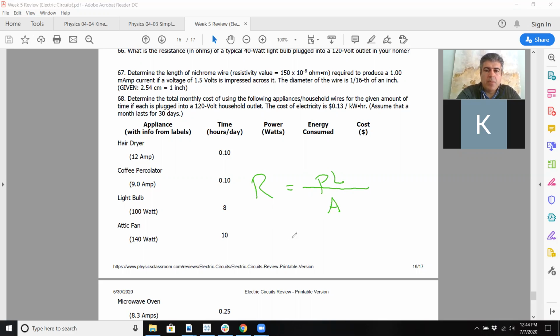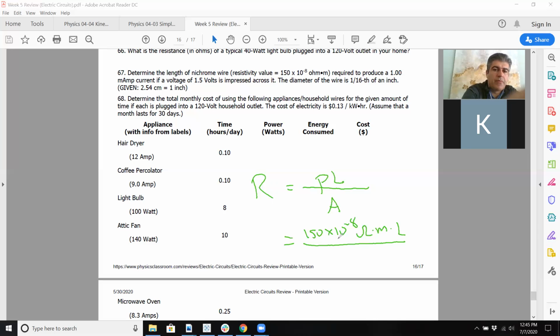So we know the resistivity is 150 times 10 to the negative 8 ohm-meters. Length is what we're trying to solve for, so times L. The diameter is 1/16 of an inch, but we do need to keep it in terms of meters.